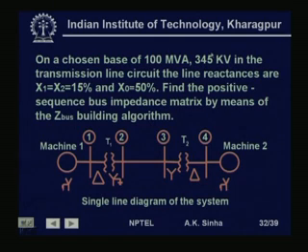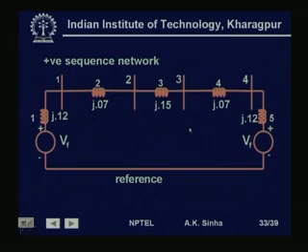Now, since we have chosen the base kV as 345 kV, we need to modify the reactance of the transformers to this base, and when we do that, instead of 8% it comes out to be 7%. So, we have the positive sequence network for this system shown here, where this is synchronous machine 1 with its positive sequence reactance, this is the transformer T1 with positive sequence reactance of 7%, that is 0.07 per unit.